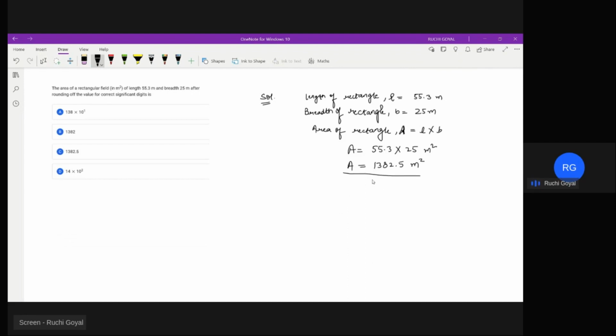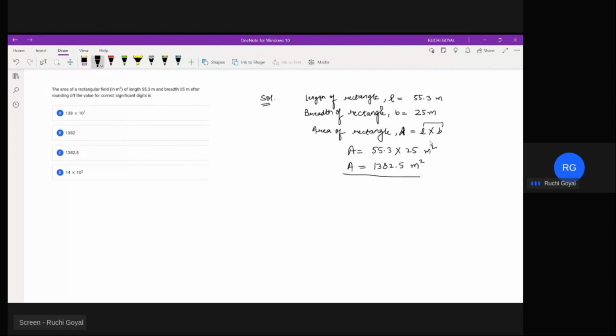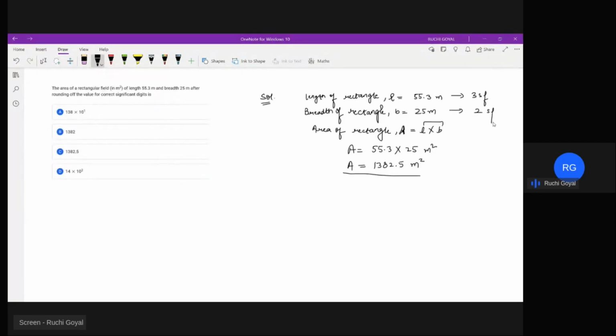From here we can round off the values, because we have multiplied them. In multiplication, we look at the least number of significant figures. Here 55.3 has three significant figures and 25 has two significant figures.